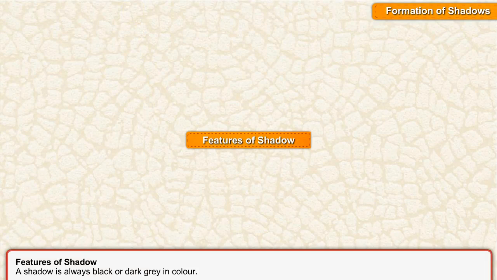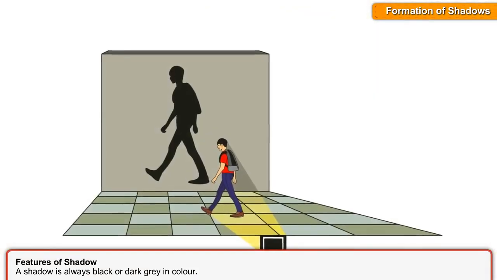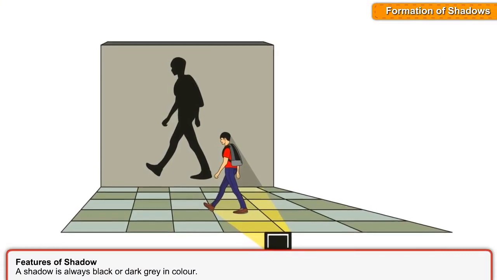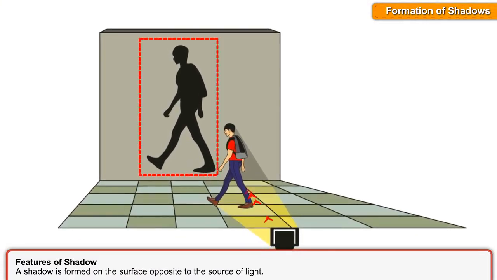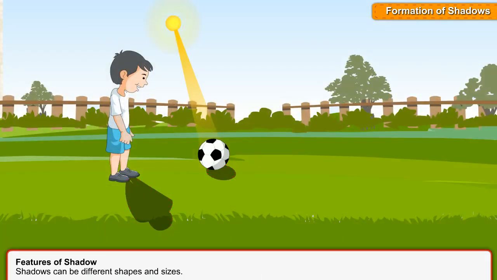Features of shadow. A shadow is always black or dark gray in color. A shadow is formed on the surface opposite to the source of light. Shadows can be different shapes and sizes.